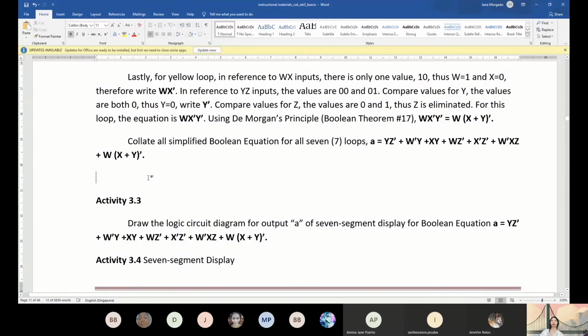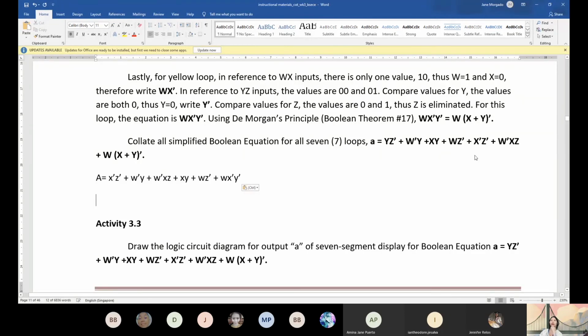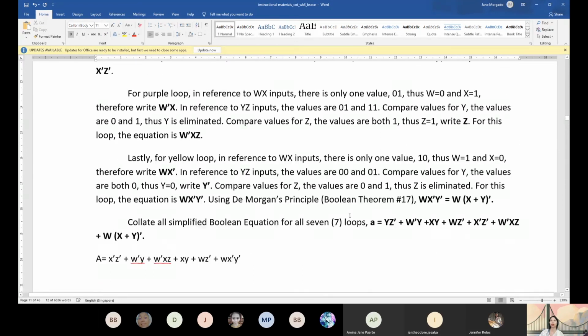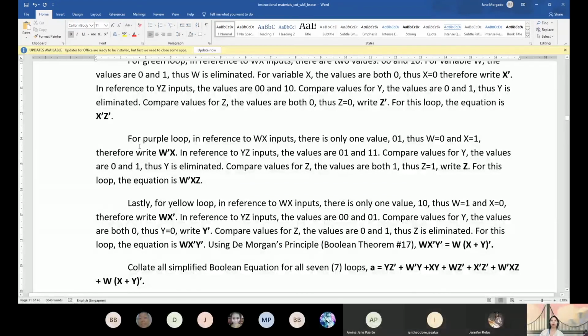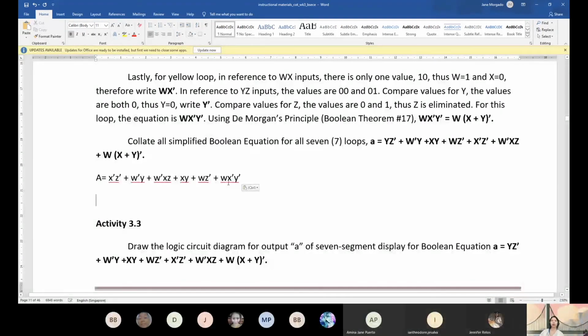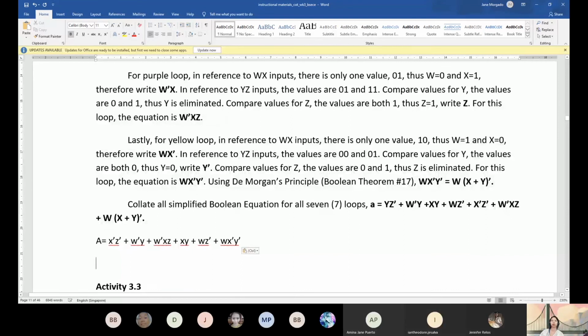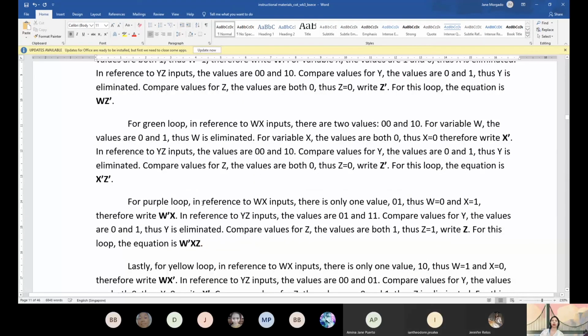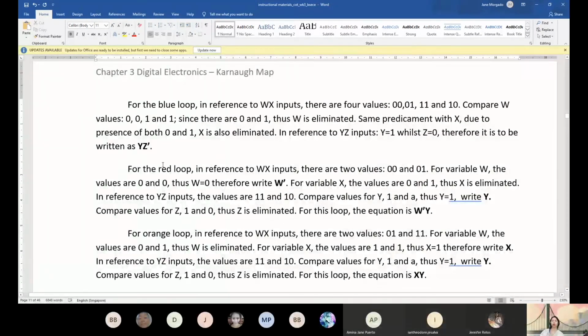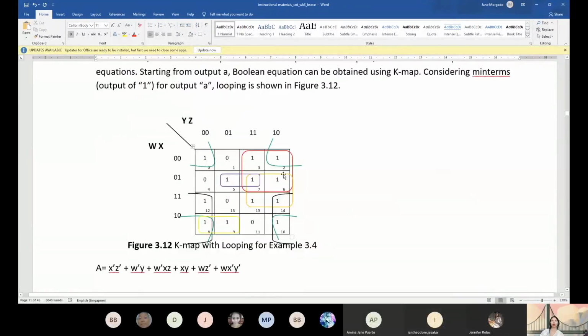Let's compare it here: 1, 2, 3, 4, 5, 6, 7. It has 7 because we have a redundant blue loop. So we remove the redundant.